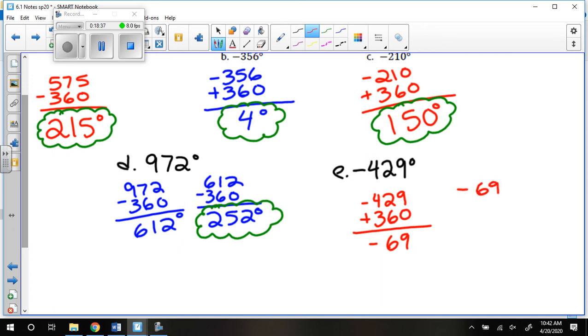I've got a negative 69 and I'm adding 360 again, which would make 291 degrees, which is in between 0 and 360. Now, like I said before, 291, the negative 69 degrees, and the negative 429, they are all coterminal with each other, but the 291 meets the condition of being between 0 and 360. The negative 69 degrees does not meet that condition.